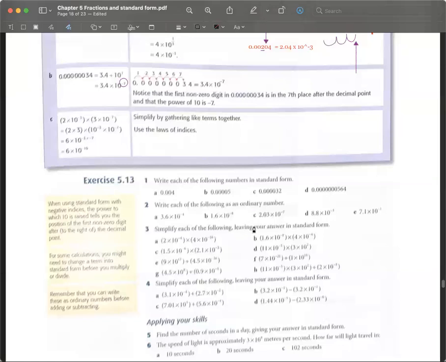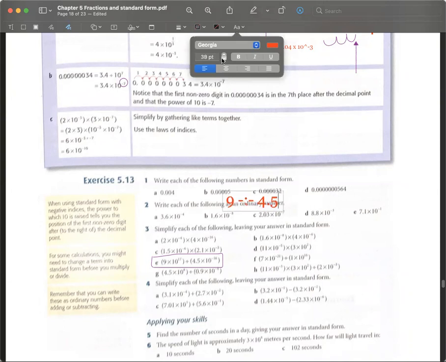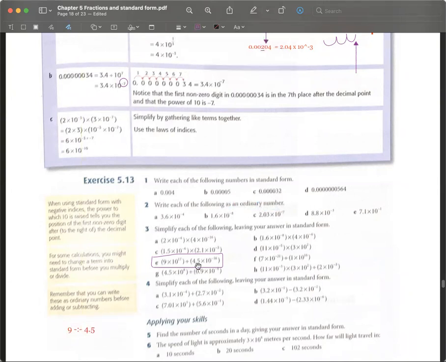So let's look at number 3E here. We're going to do the same for the numbers. So 9 divided by 4.5 is one section. The other section here will be 10 to the power of 17 divided by 10 to the power of -16.